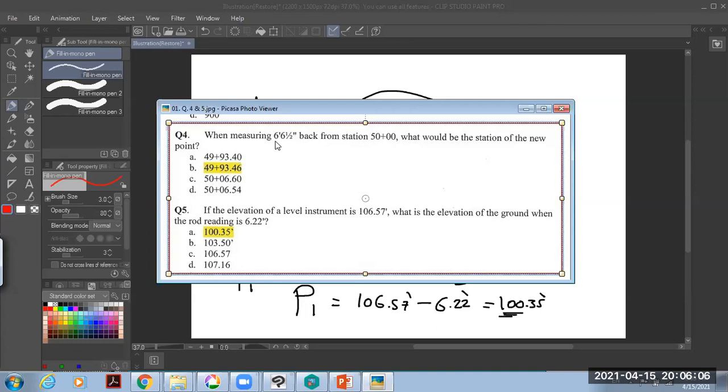So you have to convert, and eliminate one of these answers, A or B, because what would be the station of the new point? The station of the new point is actually plus, it's not minus, so it's not A or B.